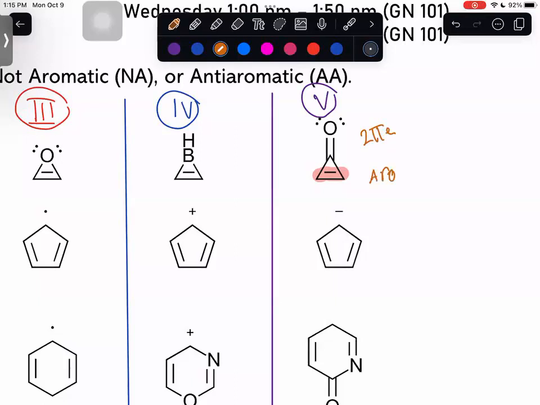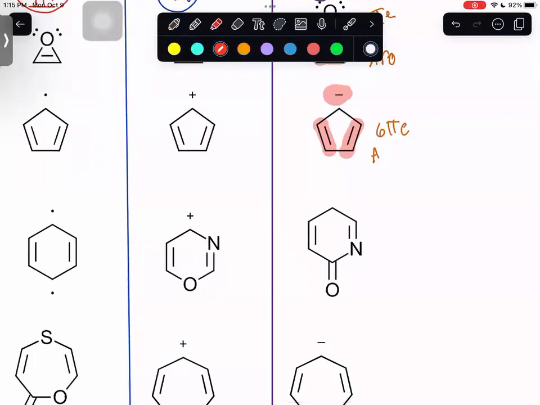First one, it is aromatic. Oh, aromatic.